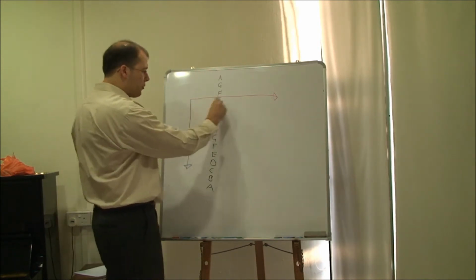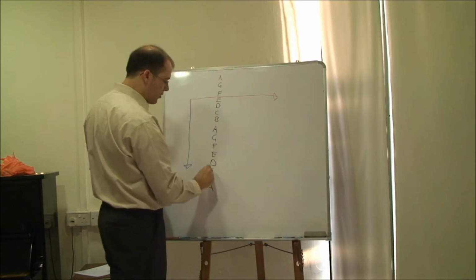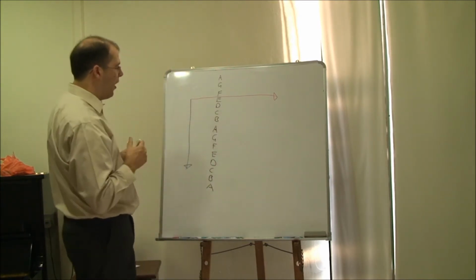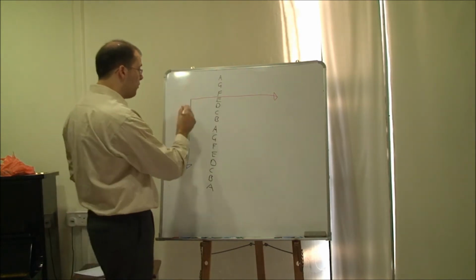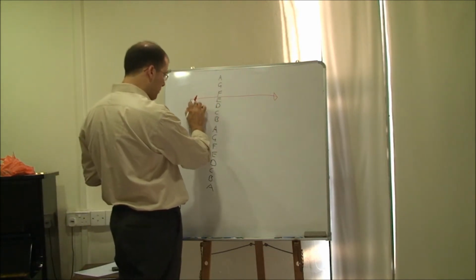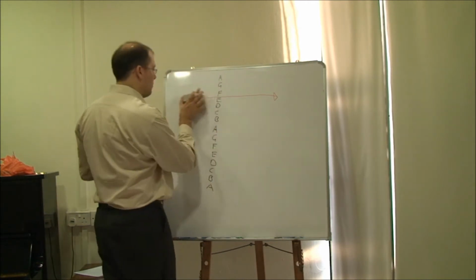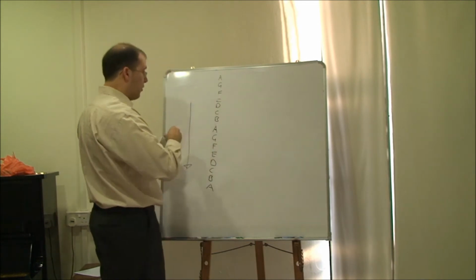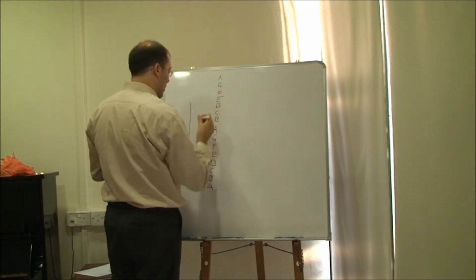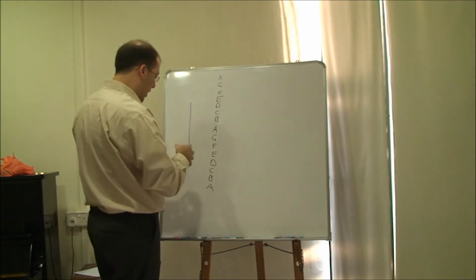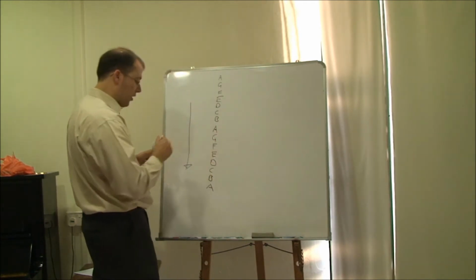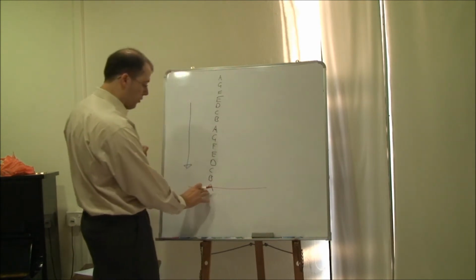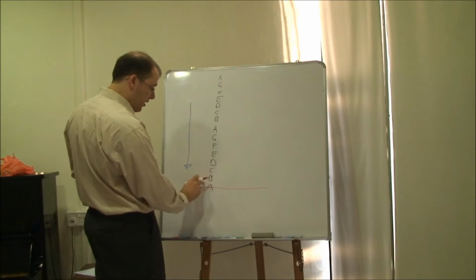Now, because we don't actually write the names of the notes, we need some way to find our way among these names. So for that we use lines. So what we're going to do is add some lines over here just to give us a guide. How it works is we'll have one line that goes through, and then the next note will be in a space.